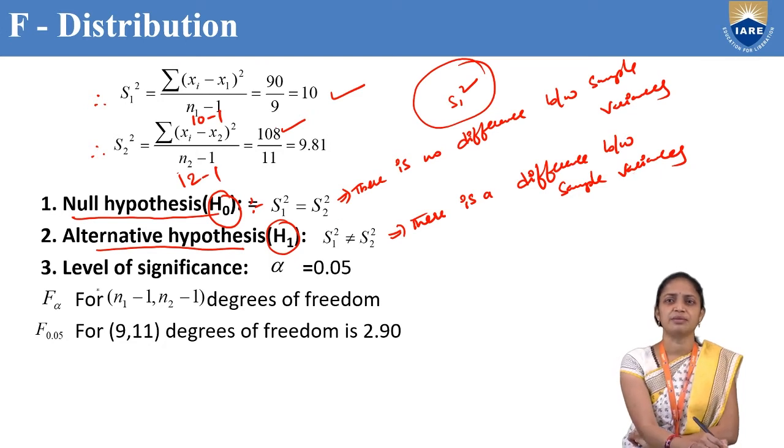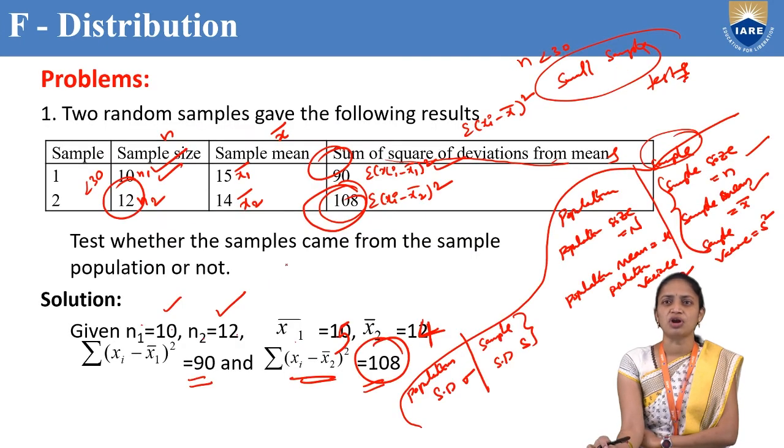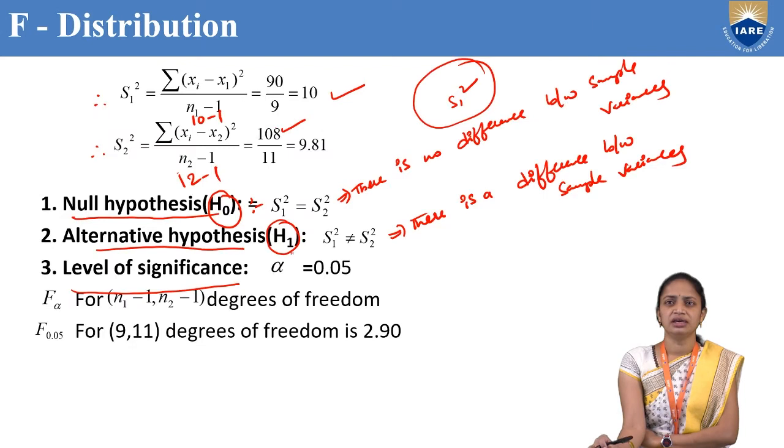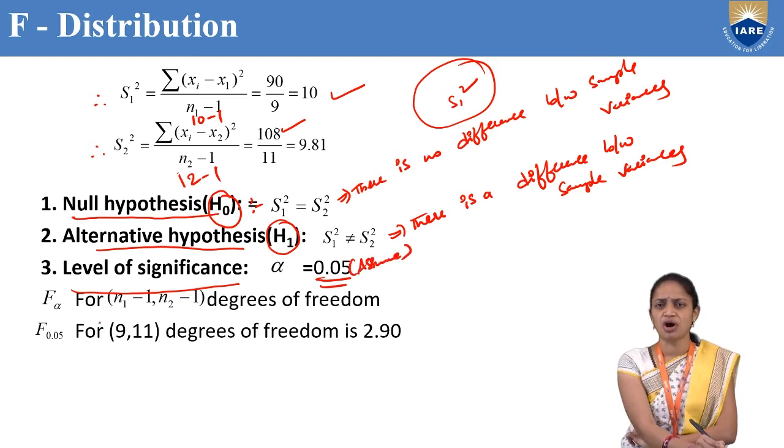Okay. So next, coming to the level of significance. Here they have not mentioned the alpha value in the question, right? So that's why here I am assuming that the alpha value is 0.05. Okay. So now we need to find the F alpha. F alpha at n1 minus 1 comma n2 minus 1 degrees of freedom.